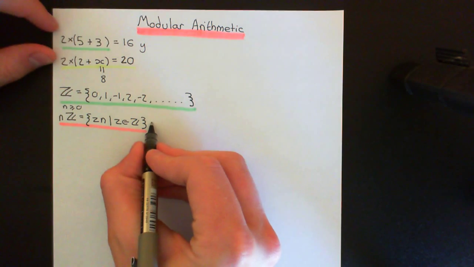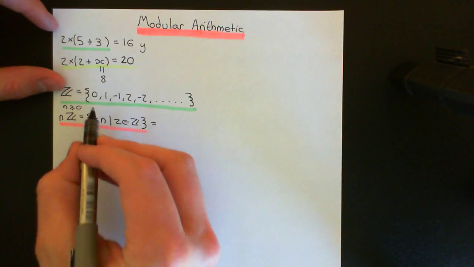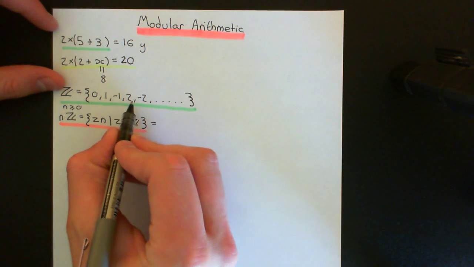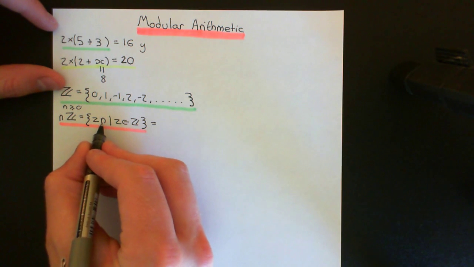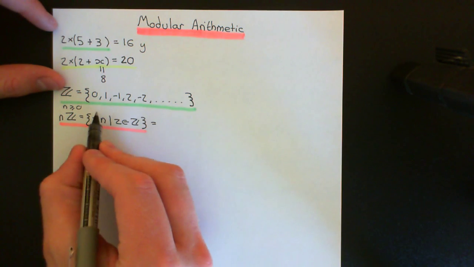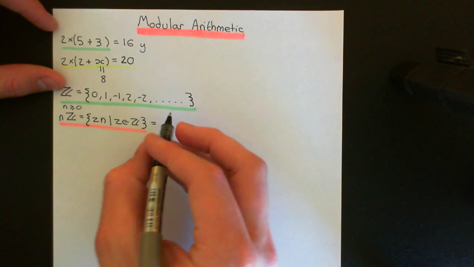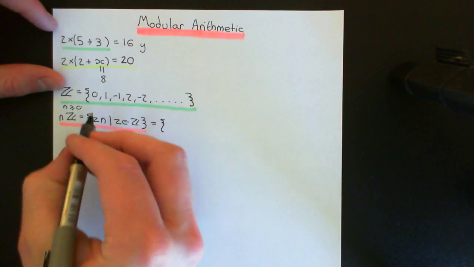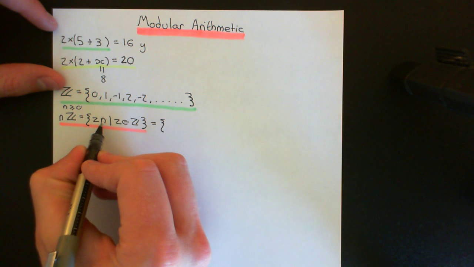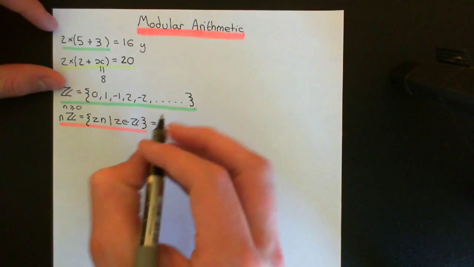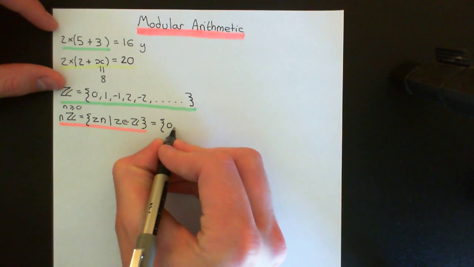To make this even more explicit, I'll write this out. We want to go through every single integer, 0, 1, -1, 2, -2, 3, -3, etc., and multiply that integer by our fixed integer n. So we'll start off with 0: when we put 0 in for little z, we get 0 times n, which will always equal 0.